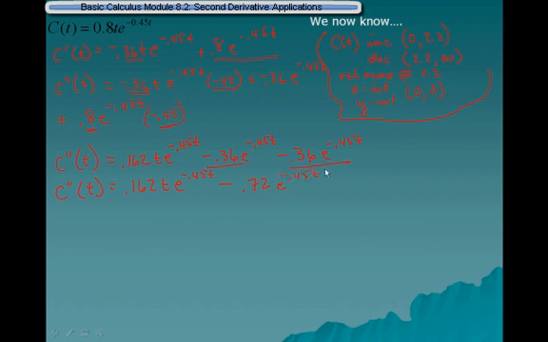All right, so now I'm going to go ahead and factor out my e to the negative 0.45 t like we did earlier for the first derivative. So that's going to give me (0.162 t minus 0.72). And this is equal to 0 to find out where we might have an inflection point. Obviously, we're going to set the first one equal to 0, and we're going to set the second one equal to 0.